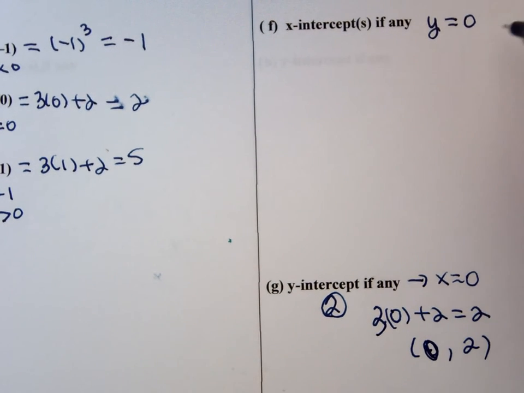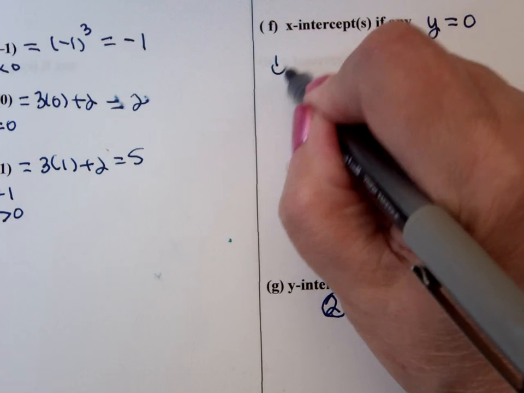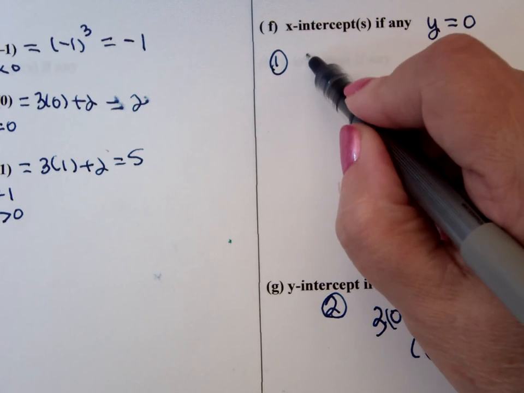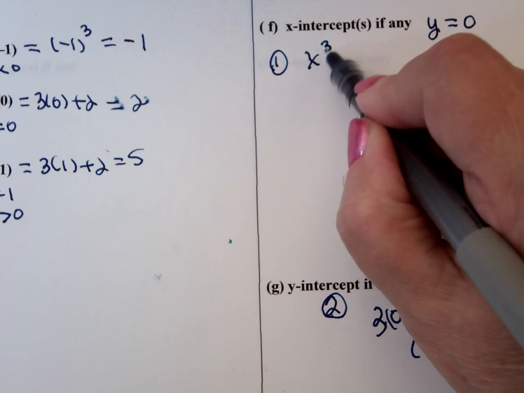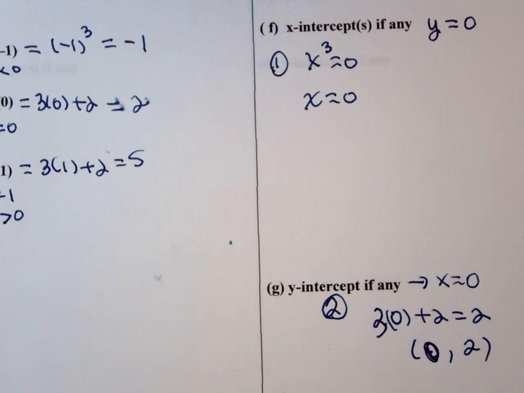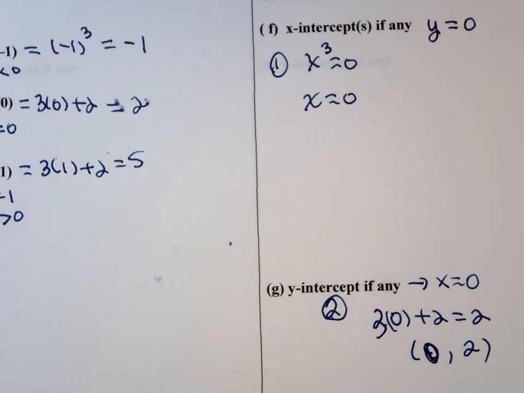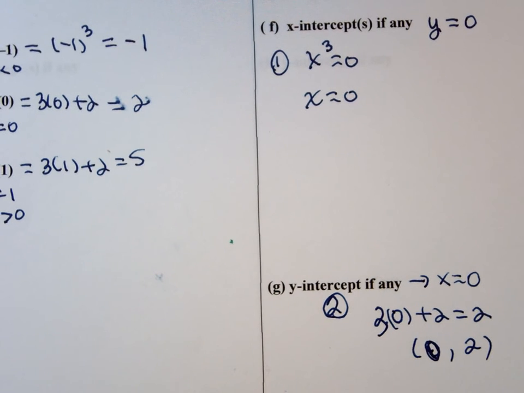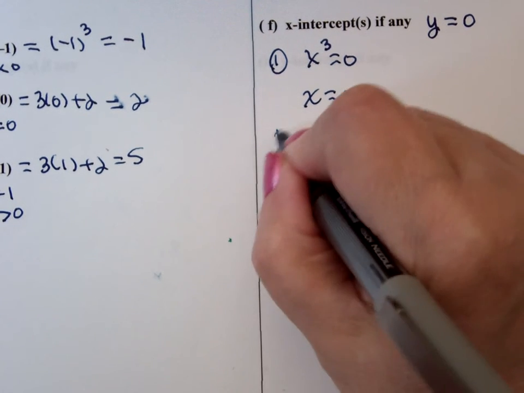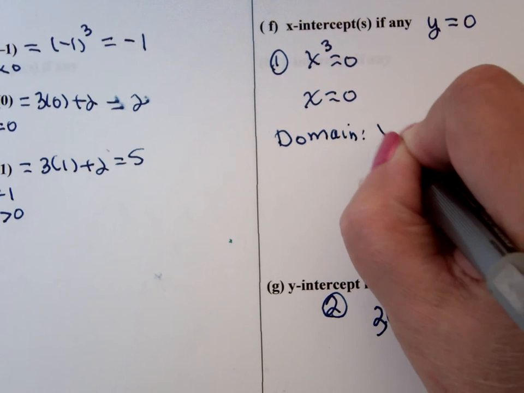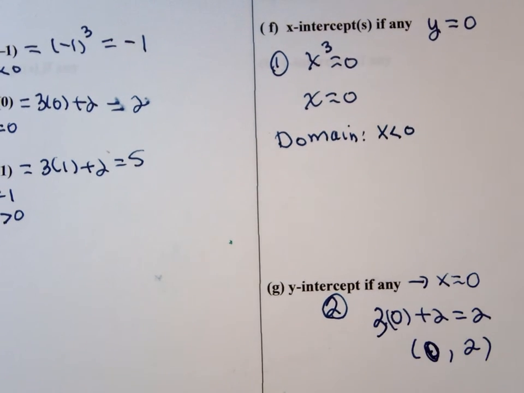If y equals 0 off of number 1, this would say that x cubed equals 0, or x equals 0. Is x equals 0 in the domain of graph 1? Well, the domain of graph 1 is x less than 0.